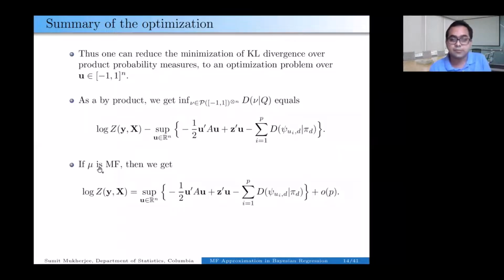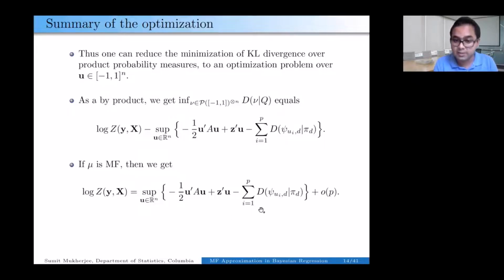And so if mu is mean field, which basically means this q should be u. There's no q. But if mu is mean field, then what we are saying is this quantity is small o of p. Therefore, this difference is small o of p. And therefore, this is equal to this plus small o of p. So we get an asymptotic approximation for the log normalizing constant.